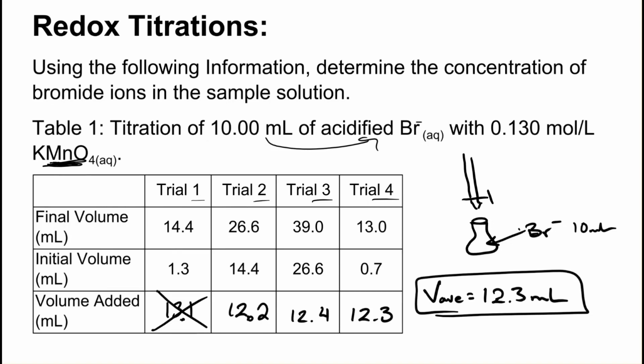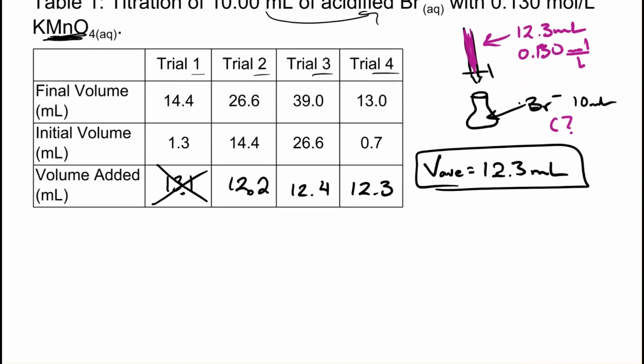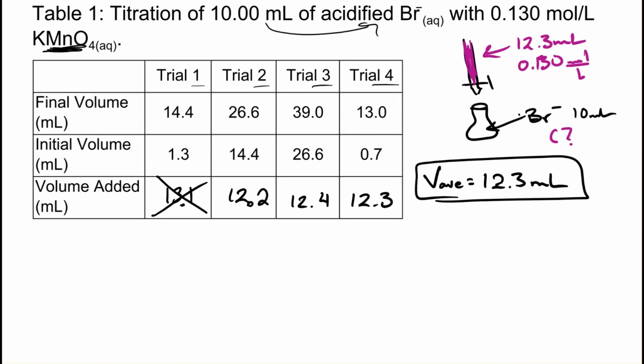In our titrant, we've got our potassium permanganate. We used an average of 12.3 milliliters, and it's got a concentration of 0.130 moles per liter. So we can use this information to determine the concentration of our bromide ions.